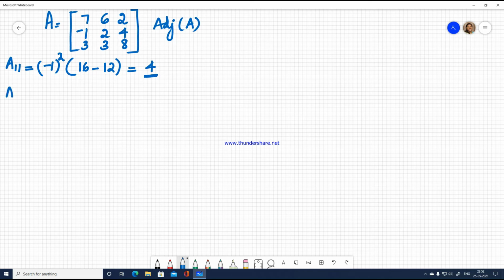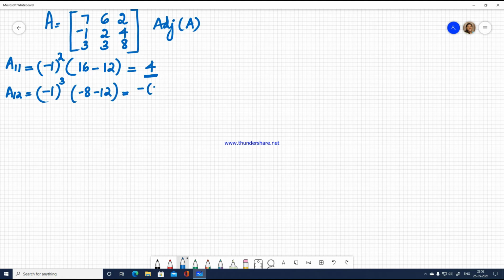Now A12 is equal to (-1) raised to 1 plus 2, that is 3. You cover the row and column containing A12, so 6, 2, 3 and 8 remain, and it will be -8 -12, so -20.